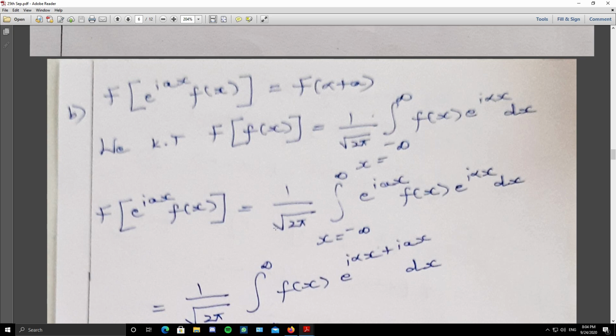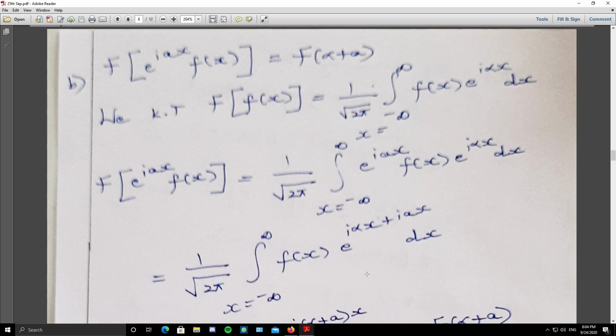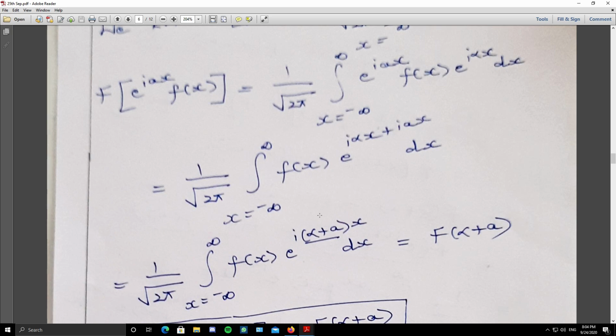So 1 by root of 2 pi integral minus infinity to infinity e power iax f of x e power i alpha x dx. We are grouping the exponential terms. So we are adding the powers, e power i alpha x plus iax, that is e power i times alpha plus a into x. ix is common, so alpha plus a x dx.